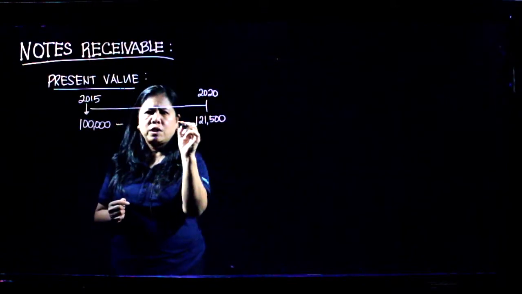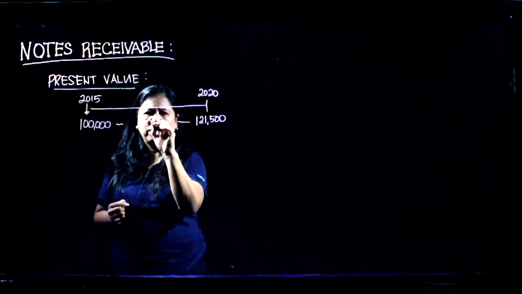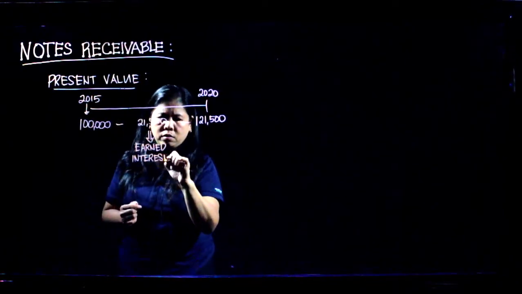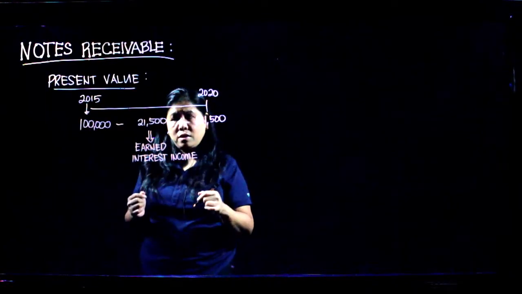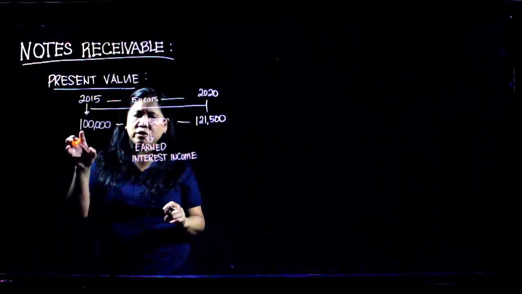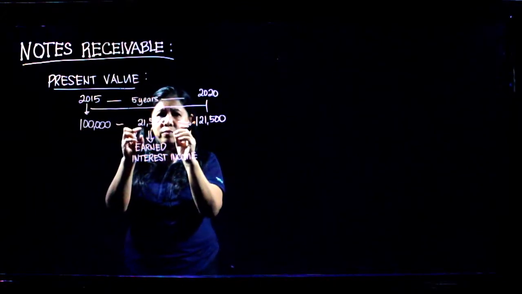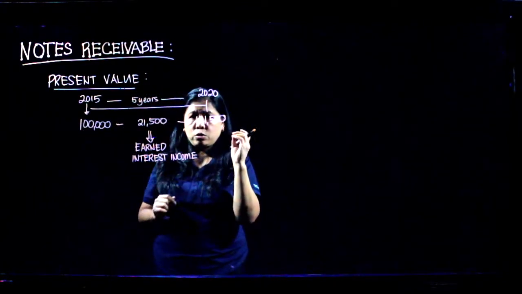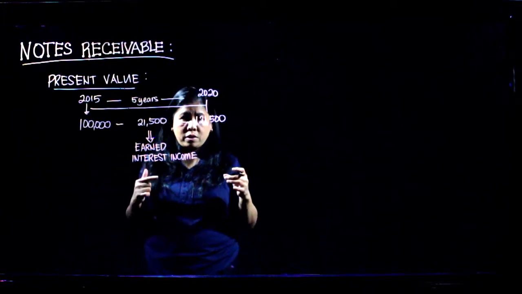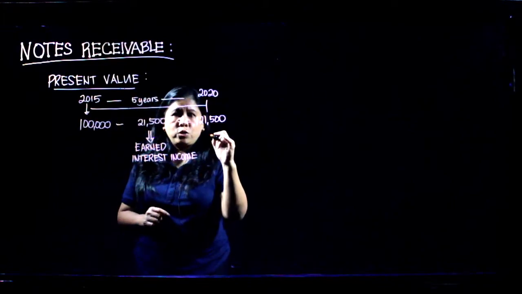The difference of 21,500 is the earned interest income. So after 5 years, the 100,000 earned 21,500. Therefore, in 2020, it became 121,500. This is what you call the future value.